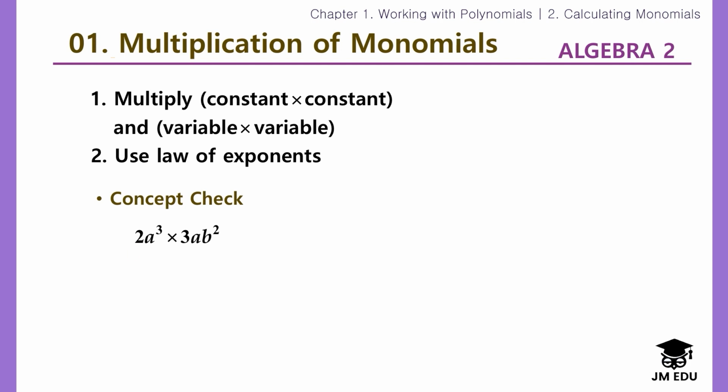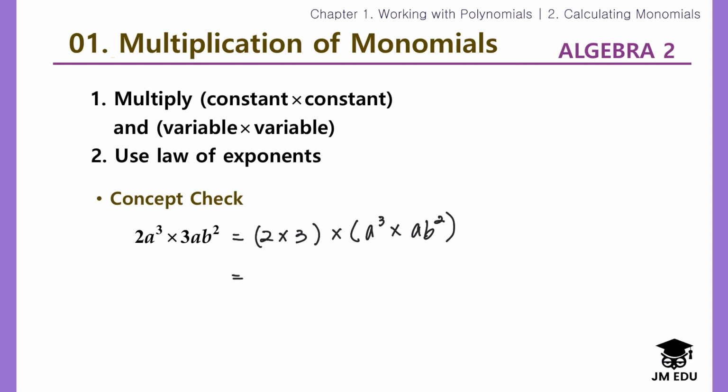We have 2a cubed times 3ab squared. So we can rewrite this expression as number times number, constant times constant first, times variable times variable. We have ab squared here, right?